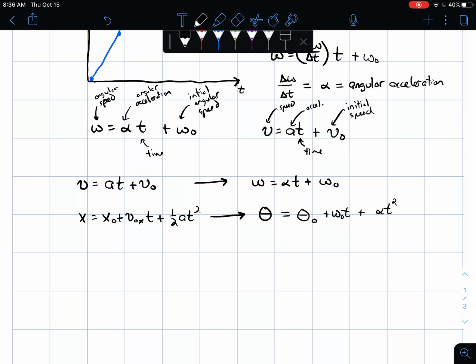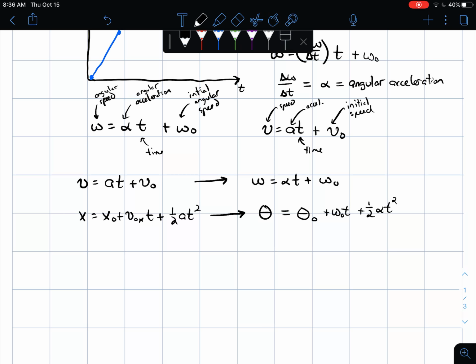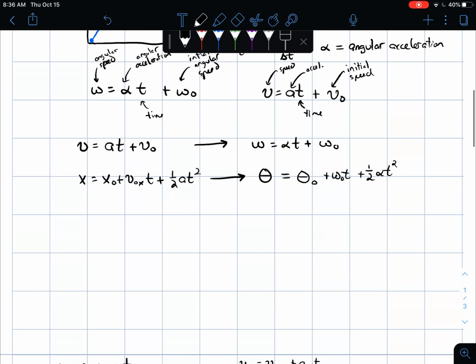Let me make it clear, that's 1/2. Okay? So again, same kind of thing. And then the final equation that we really used was v squared is v0x squared plus 2a times x minus x0. Doing the exact same translation, what we would get is omega squared is omega 0 squared plus 2 alpha times theta minus theta 0.